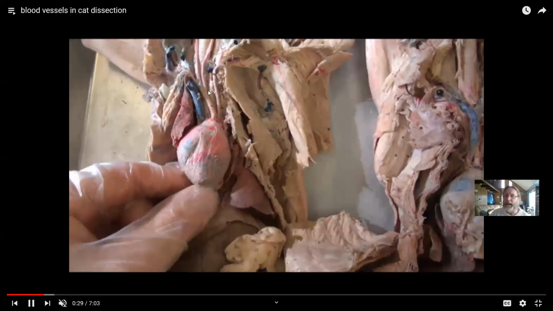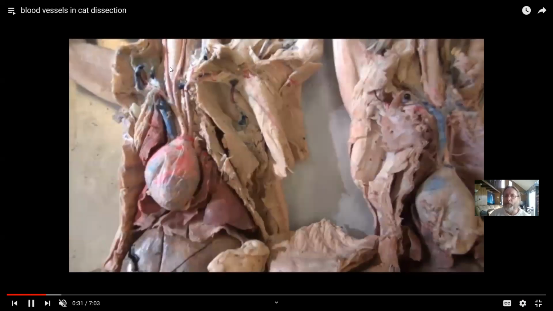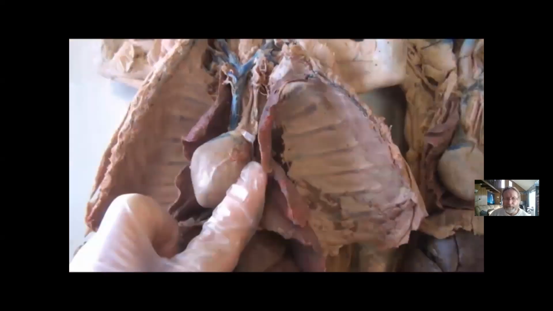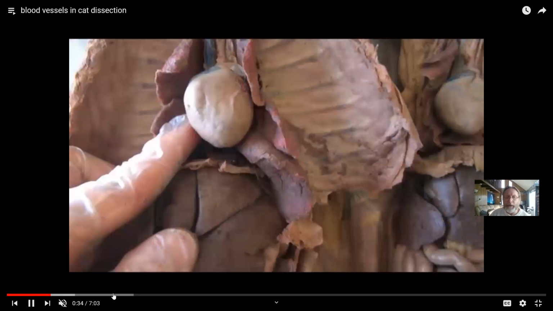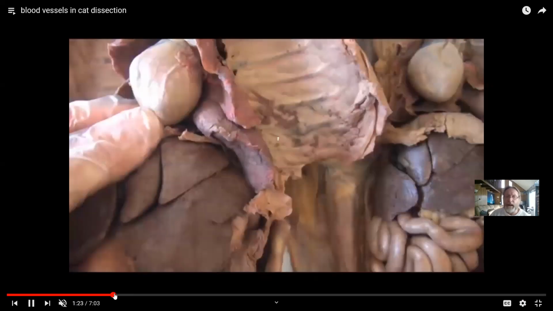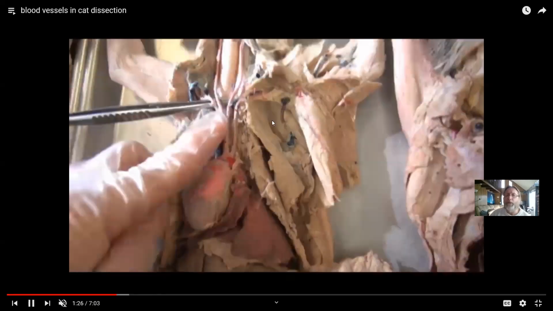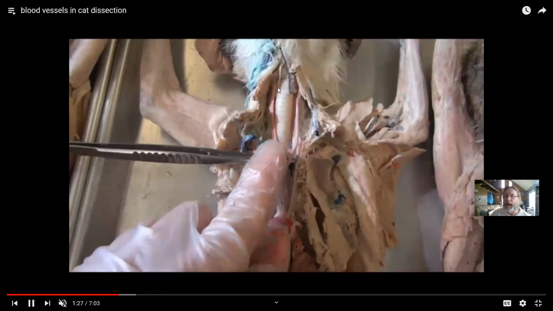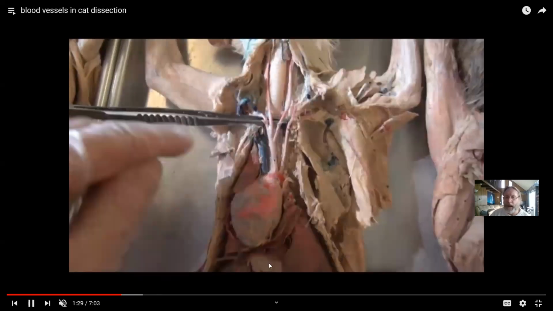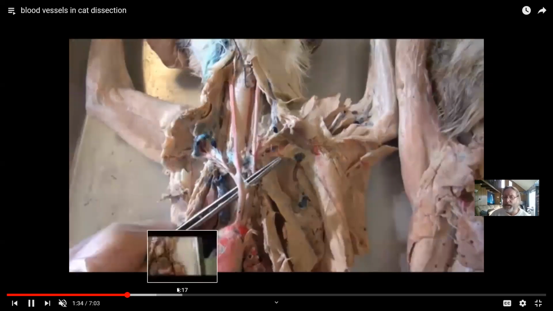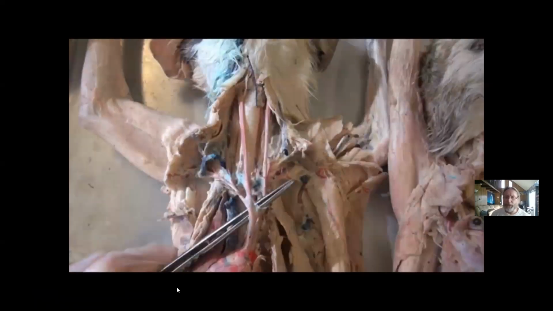Here in the cat, you'll notice both common carotids are coming off of the brachiocephalic trunk. And so once again, there's the brachiocephalic trunk. There are the two common carotids, both coming off the brachiocephalic trunk, which is unlike the situation in humans where the left common carotid comes off the arch of the aorta.